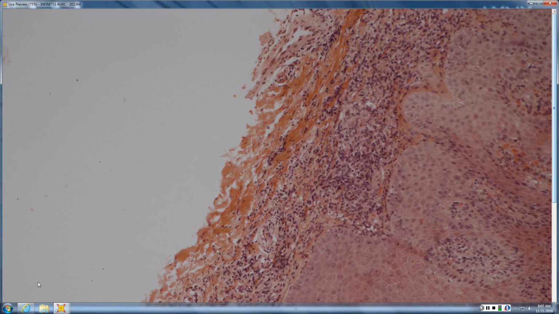The silver stain was positive, I think, in like 5% where they could see the organisms. The immunostain only in 65%. So you've got 30-40% of patients where the immunostain is not going to be positive. And so you really have to have a high index of suspicion based on the H&E findings.